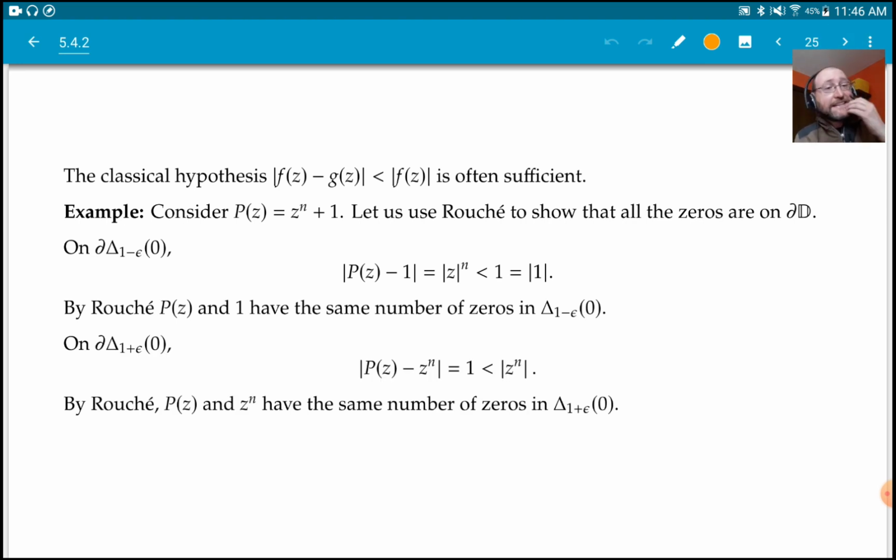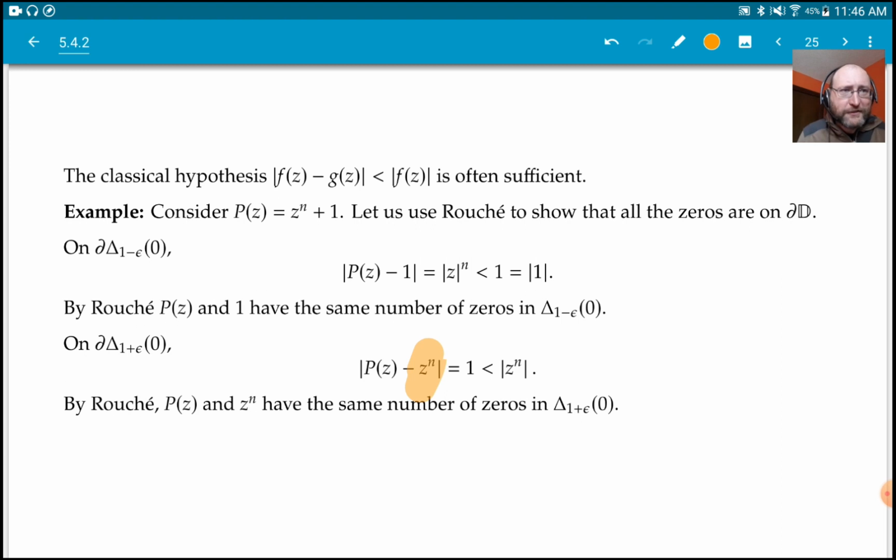On the other hand, if I take a slightly bigger circle of radius 1 plus epsilon, right? And now for f, I use z to the n. That's another way. Basically, one of my functions is one where I know the number of zeros, and one of them I don't know, right? So I don't know where the zeros of p are.